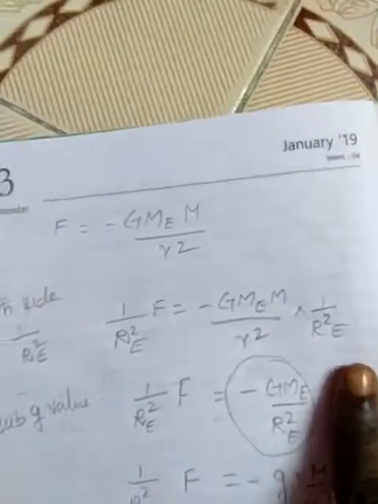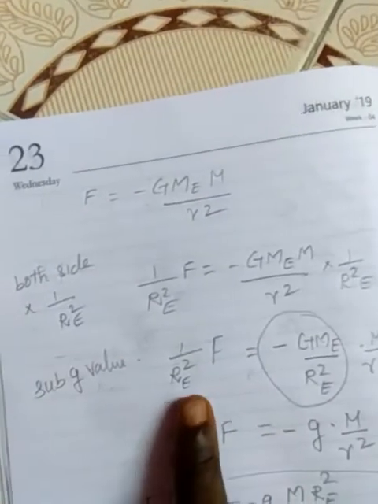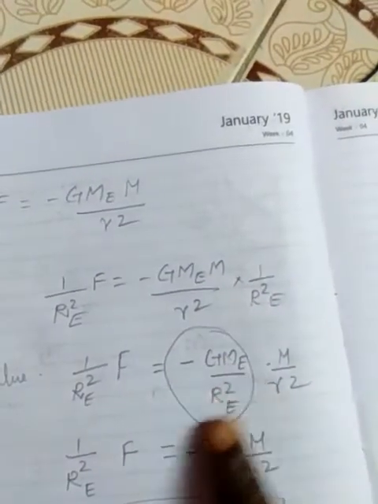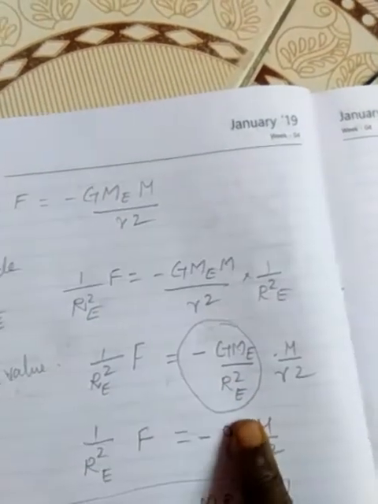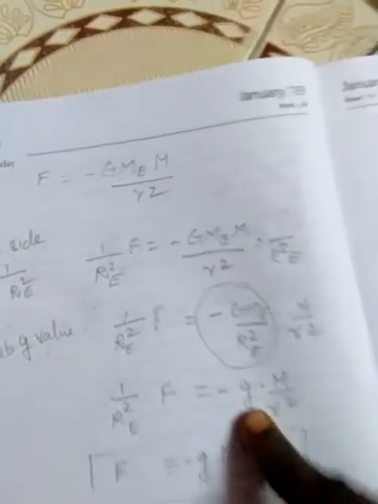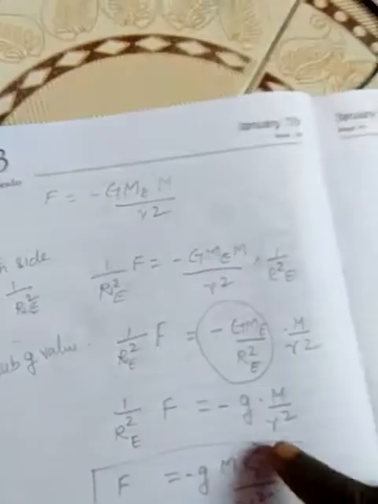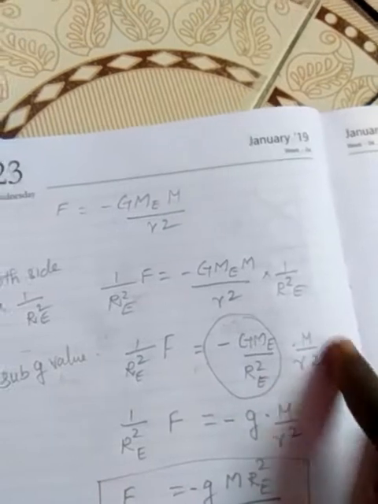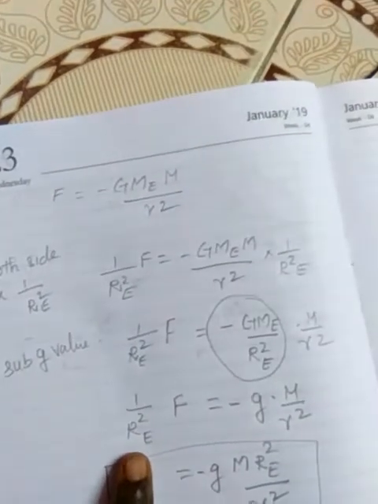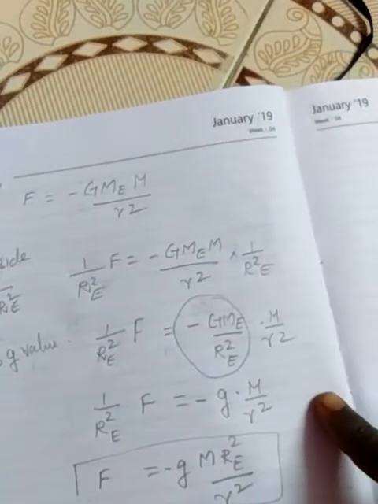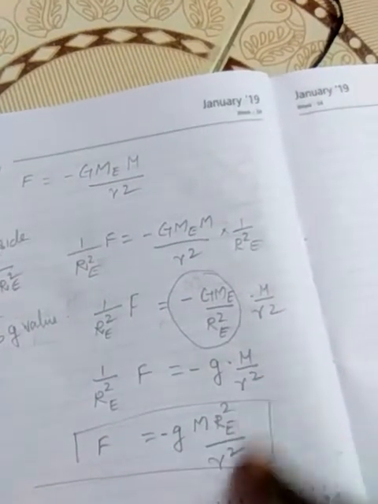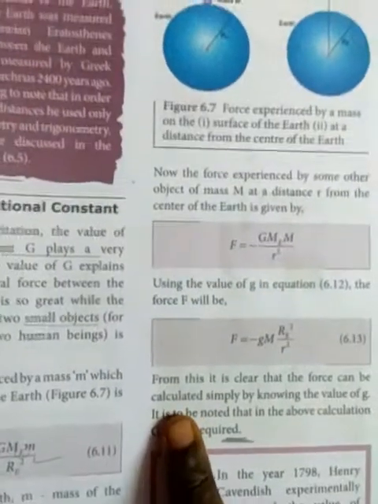So 1 by R e squared times F is equivalent to 1 by R e squared times G M e m by R e squared. This part is g only. Okay, it's g only, leaving m by r squared. So 1 by r e squared going to this side gives G M e by r e squared. So this is the gravitational acceleration.